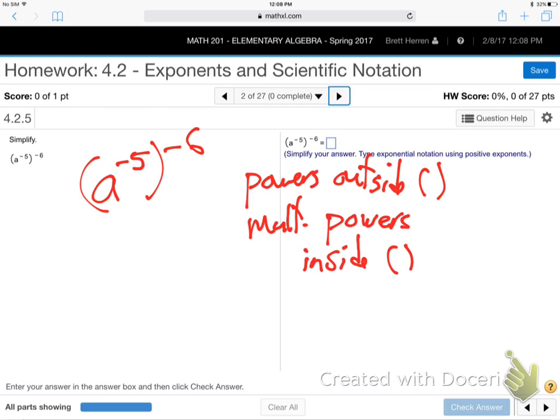So all that's going to happen is these guys are going to multiply, negative 5 times negative 6, positive, or regular, you don't need to show the plus sign, regular 30. And that's it, we're done.